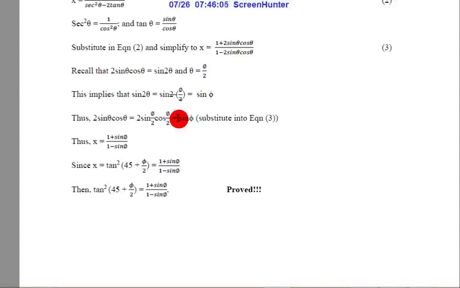The next thing we do is substitute this value into equation 3. Wherever we see 2 sin theta cos theta, we substitute sin φ.